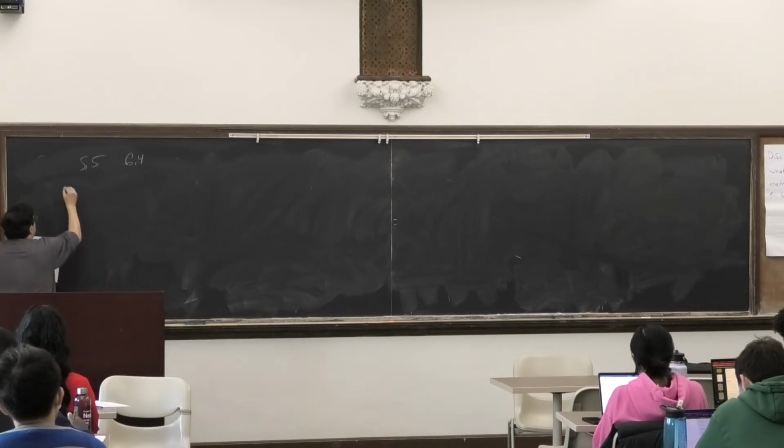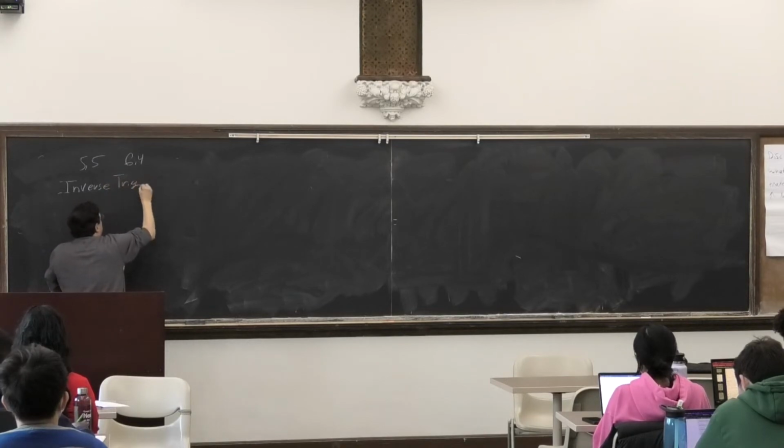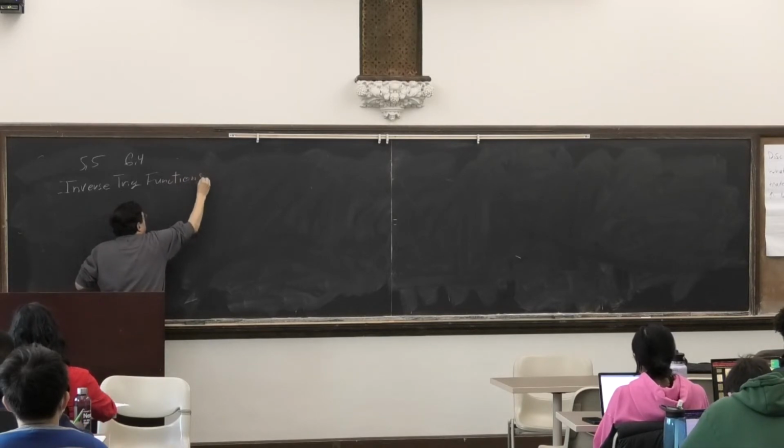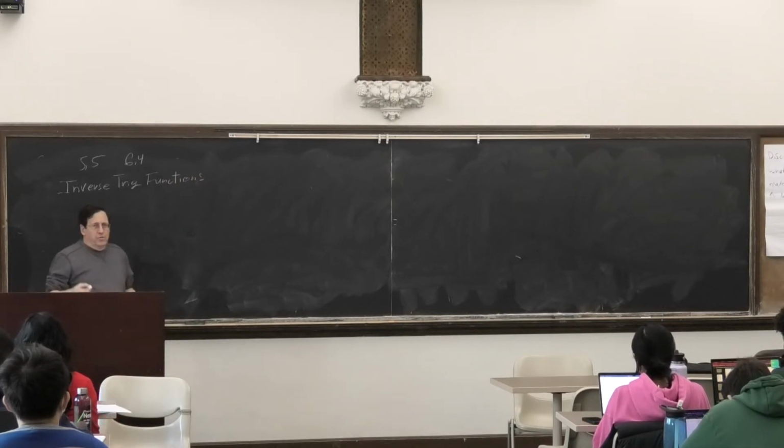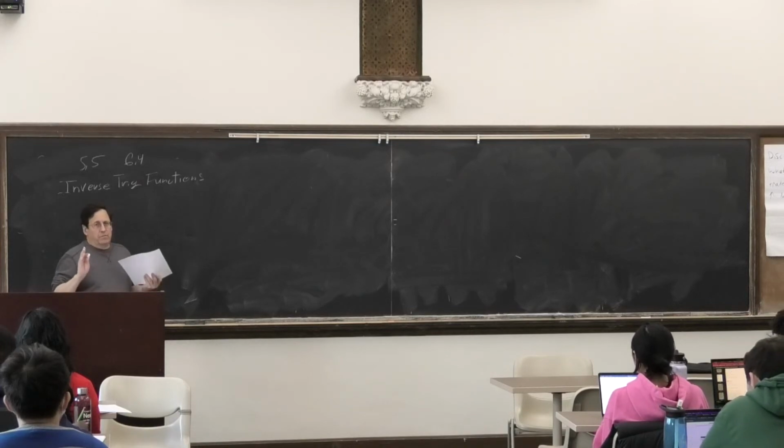But we want to look at this idea of inverse trig functions. It might seem as simple as using your calculator and using that second key and finding values. But as it turns out, it's a lot trickier than that.